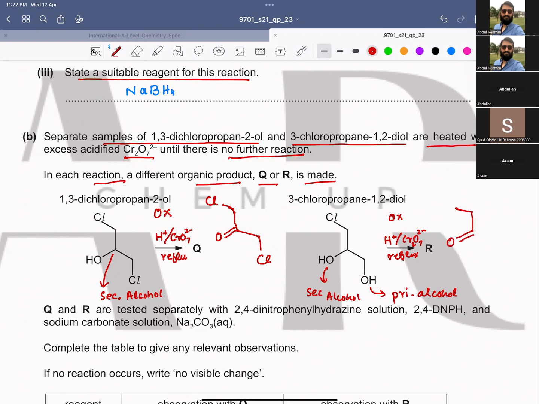So here I just put a C double bond O, and here there is a C double bond O and an OH as well, because this was the primary alcohol, so it turns into a carboxylic acid. So I have figured it out, is that clear to everyone?